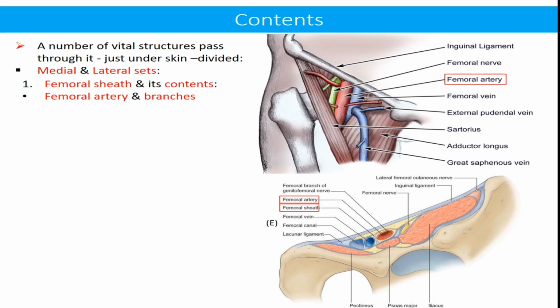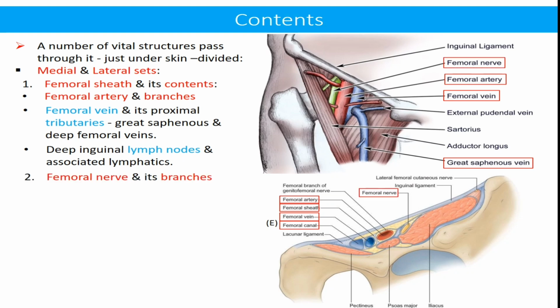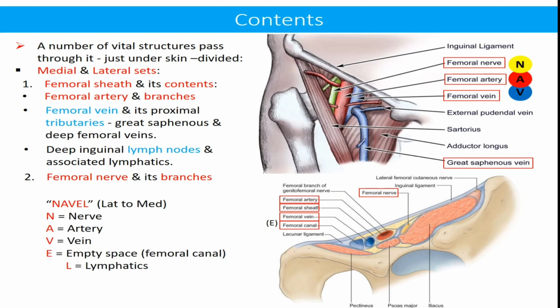The contents of the femoral sheath are femoral artery and its branches, femoral vein and its proximal tributaries, that is great saphenous and deep femoral veins, deep inguinal lymph nodes and associated lymphatics. The lateral part is occupied by femoral nerve and its branches.